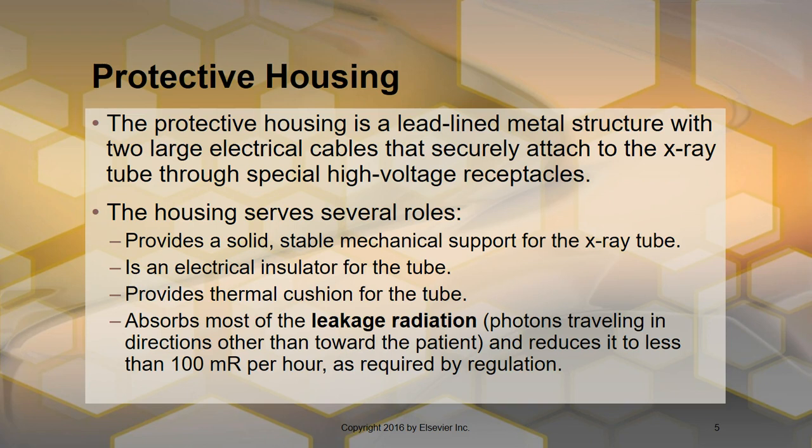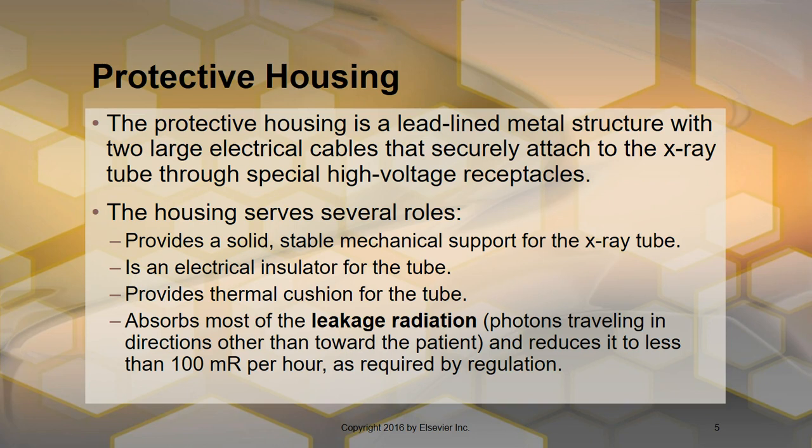We talked about thermal energy before. The tube is immersed in the oil bath, and that draws away heat, and then the fans inside of there actually circulate air. That also helps dissipate heat. Because of the large current and voltage needed to produce X-rays, electrical insulation is necessary.